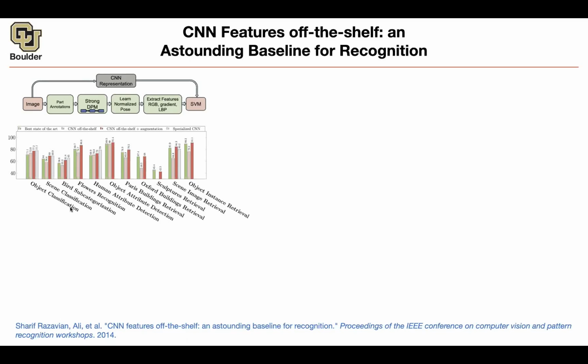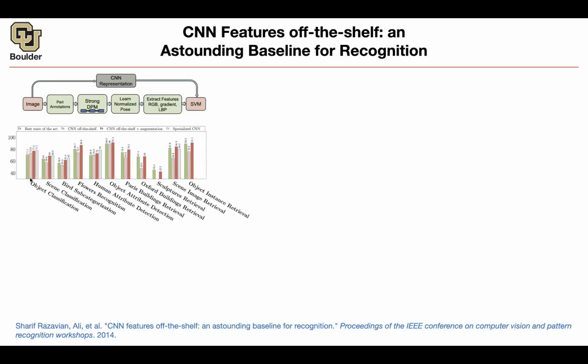Now you can do object classification, scene classification, bird subcategory, flower recognition, human attribute detection, object attribute detection, Paris buildings retrieval, Oxford buildings retrieval, sculptures, scene image retrieval, and object instance retrieval. So you are going further and further away from the original task.